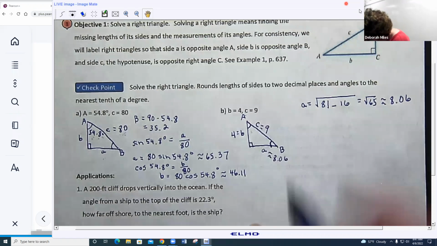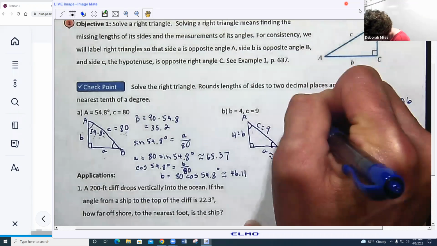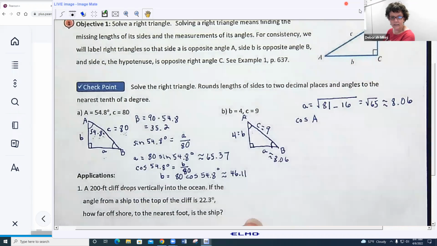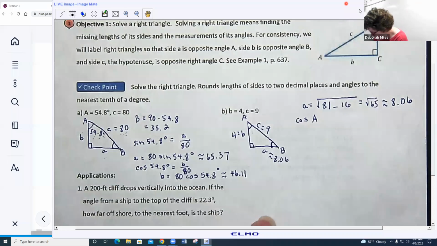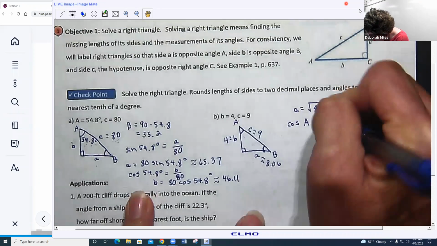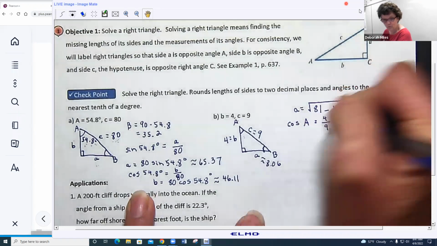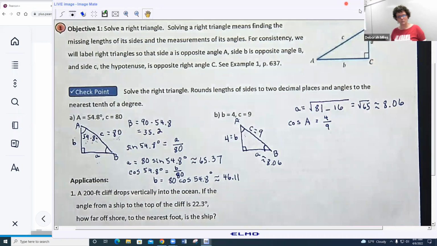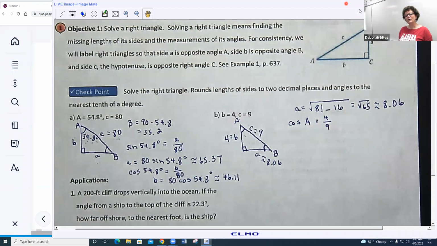So we could say cosine of the angle we're looking for equals adjacent over hypotenuse. Now, how do we find the angle A whose cosine is 4/9?